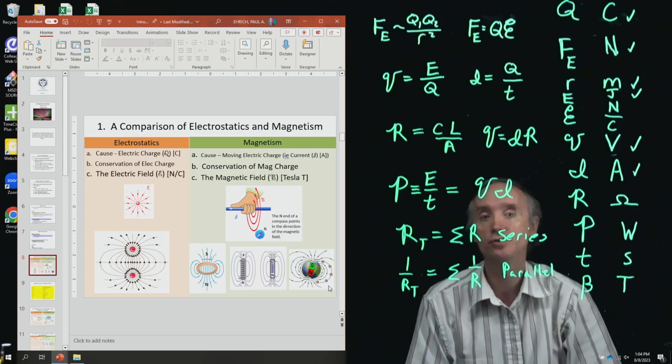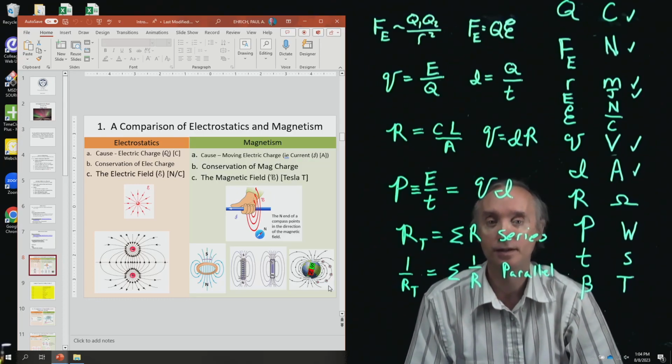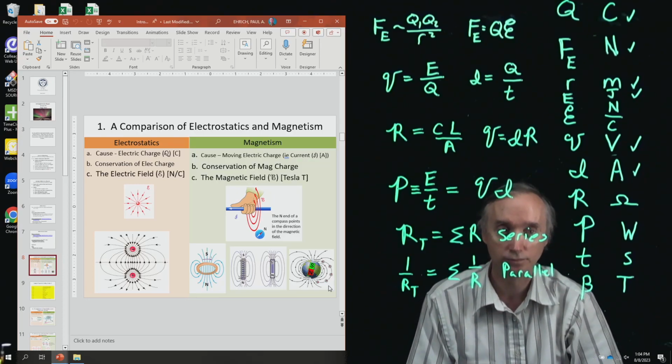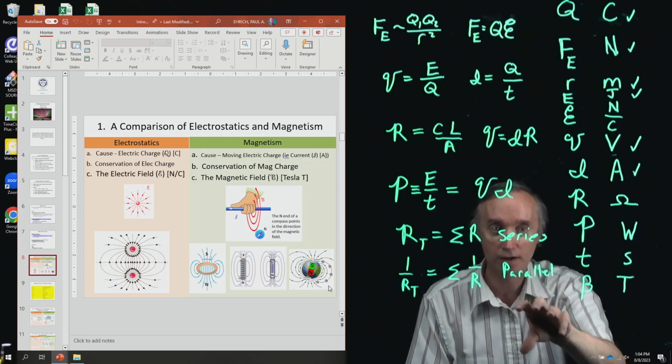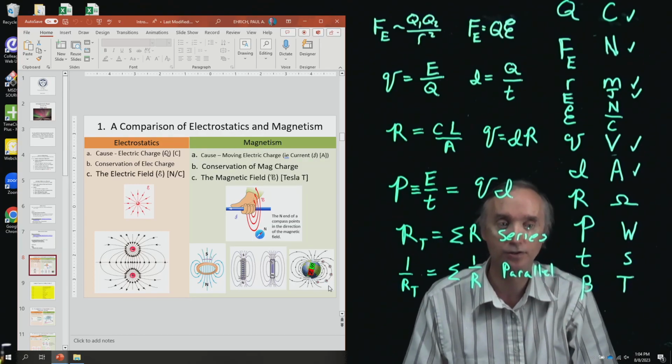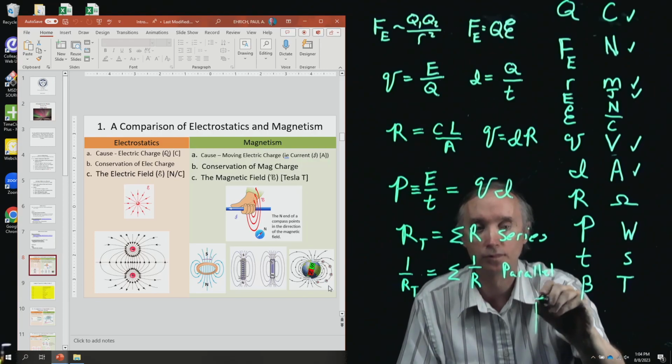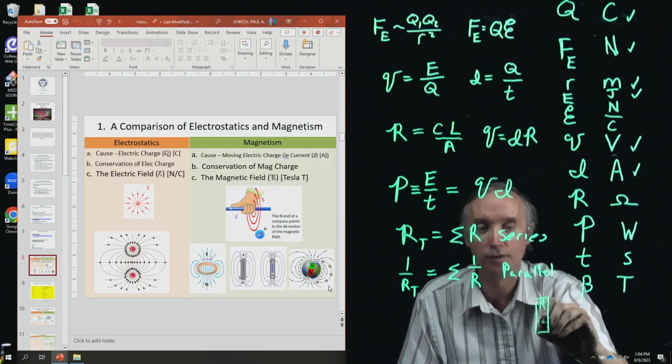And then be able to draw the magnetic field of a magnet. So if you have a north pole and a south pole of a magnet, can you draw it? Can you figure out the direction of the magnetic field? Could you put arrows on it?